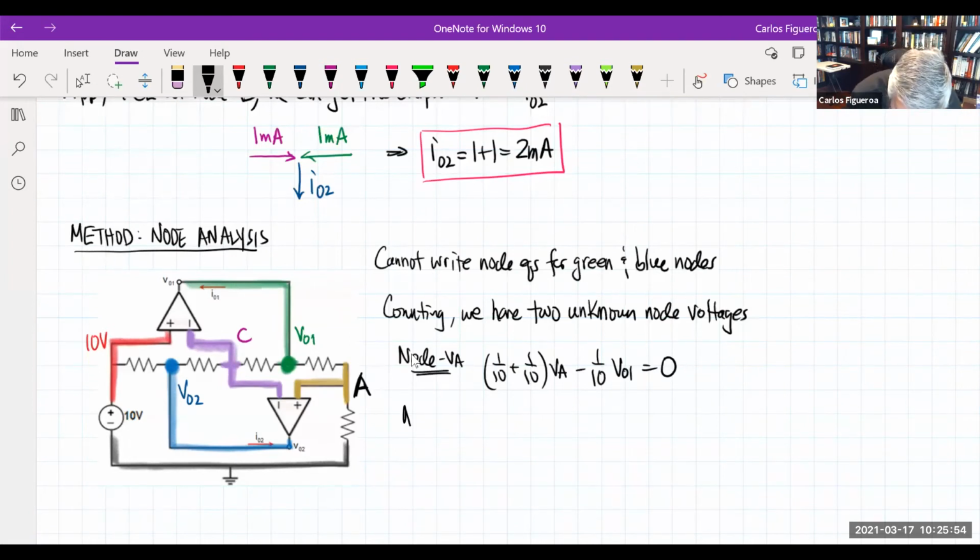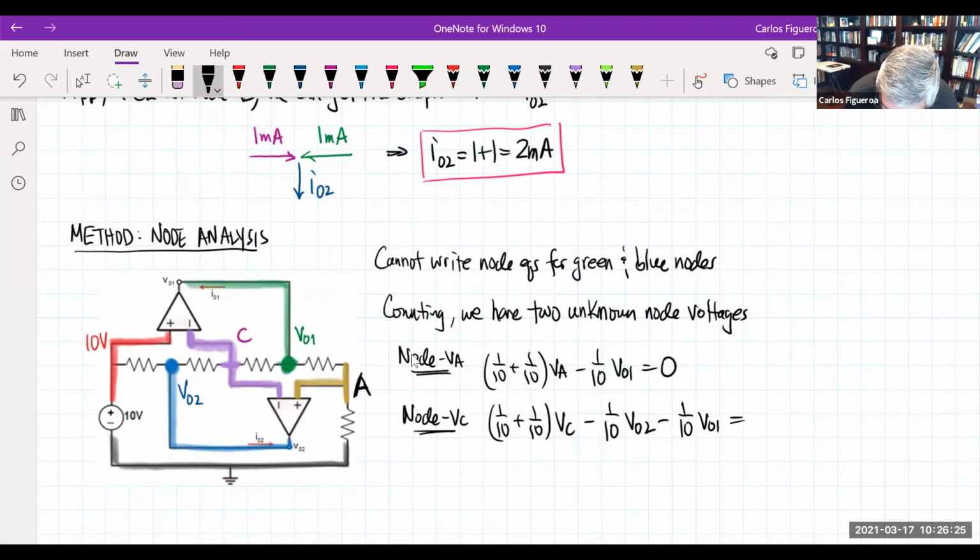Then if I go to node C, I have 1, 2, so I get VC, with one connected to VO2 and the other connected to VO1, and this is going to be 110 VO1 equal to 0.